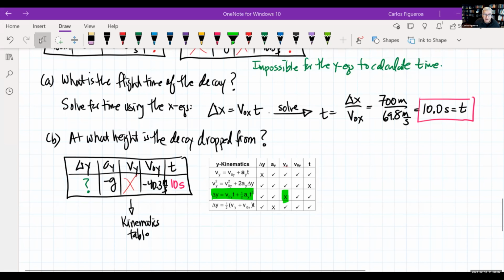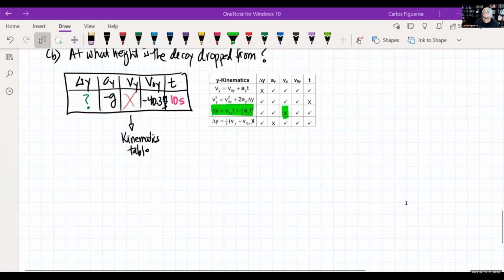It says that delta y is then going to be v initial y t plus 1/2 ay t squared.